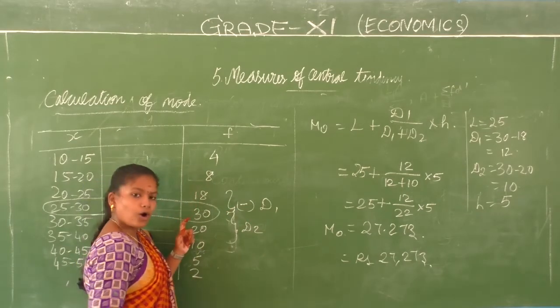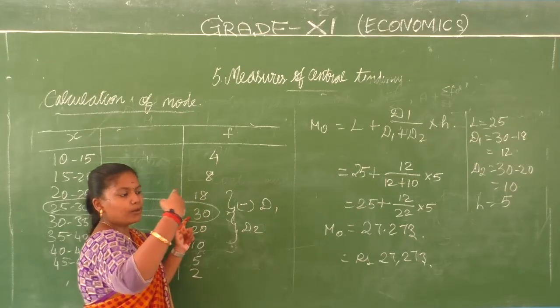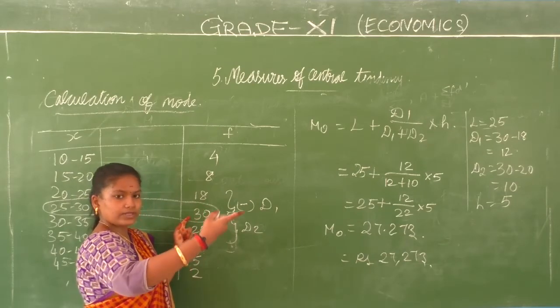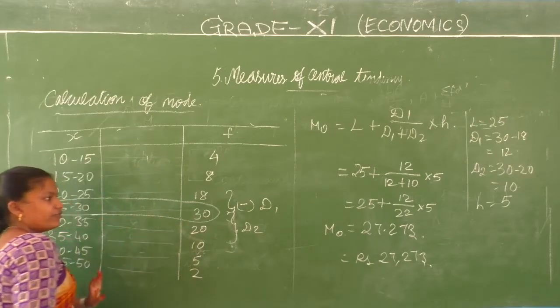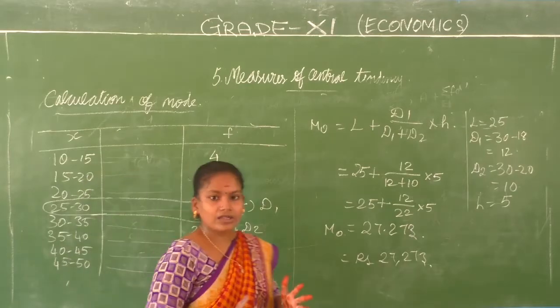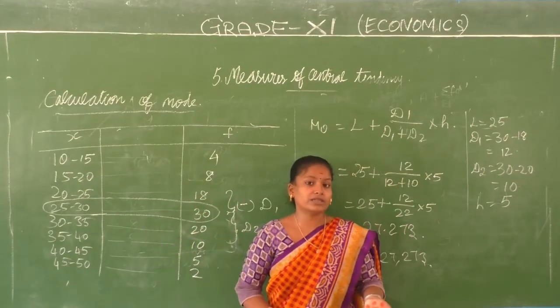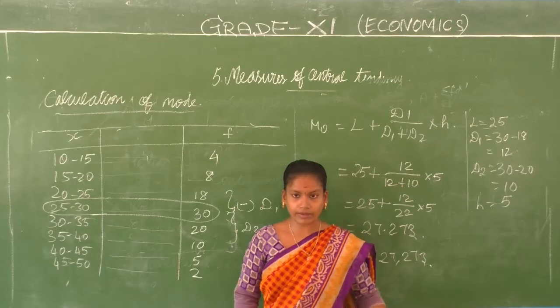That is, modal class's frequency minus preceding value is D1, modal class's frequency minus succeeding class is D2. h is the class difference. When you substitute the values into the formula, you get your mode, whatever value they are asking. It may be family income, it can be mode marks, it can be anything.